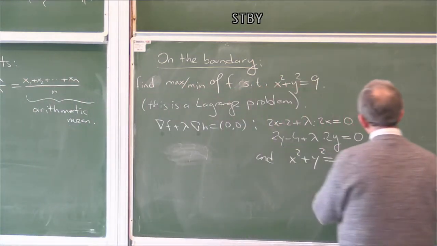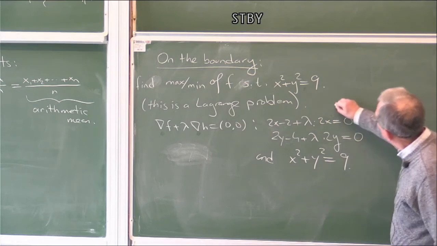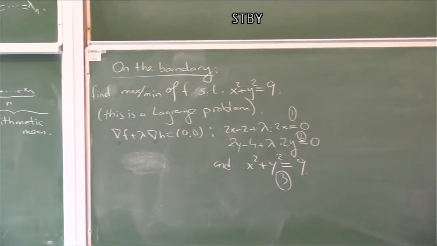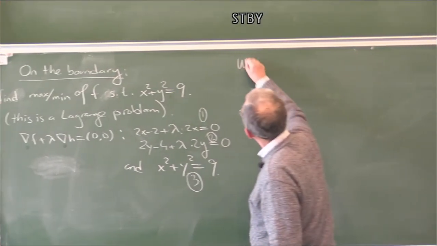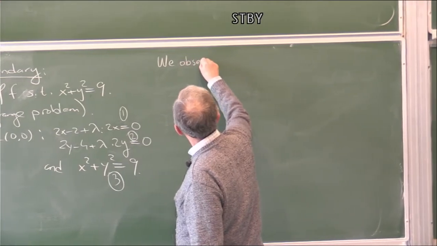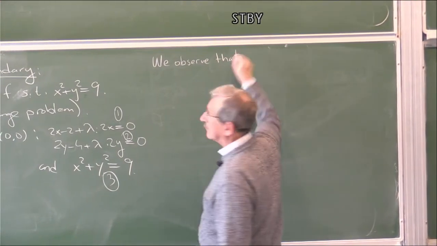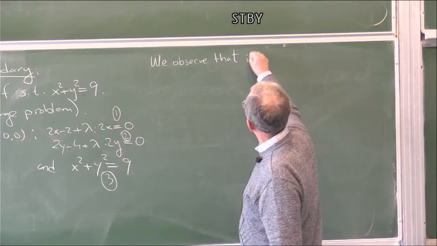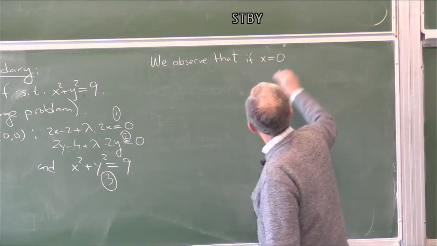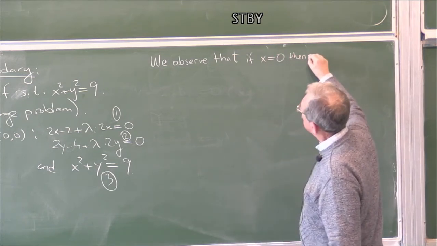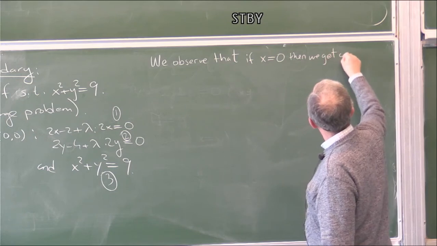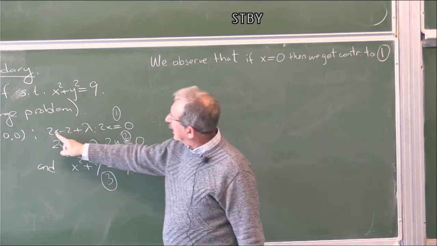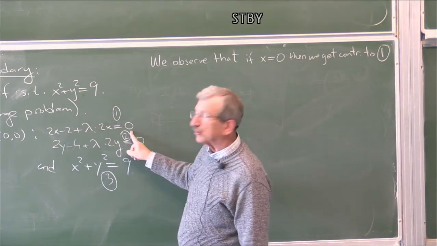Well, before we attempt a solution of this system, let me give names again, say the enumeration. Obviously here we observe that if, for example, x is 0, then we get a contradiction. Because equation 1 says if x is 0, minus 2 must be equal to 0.